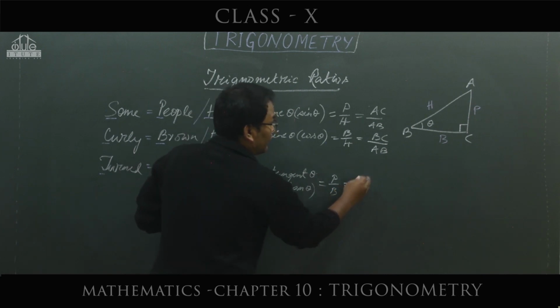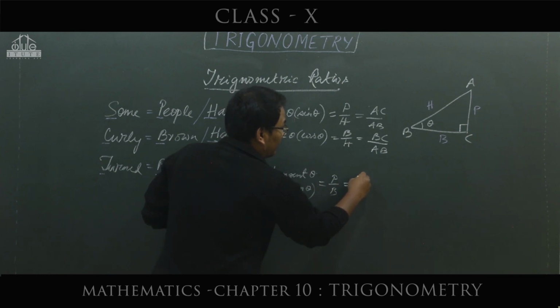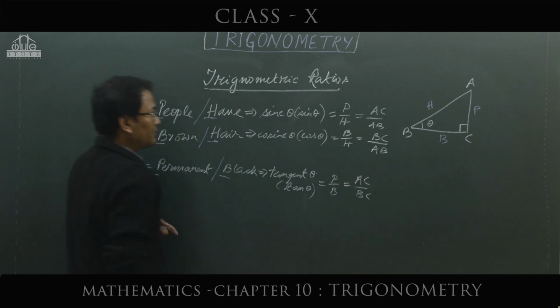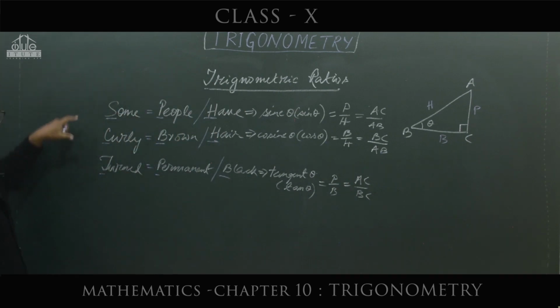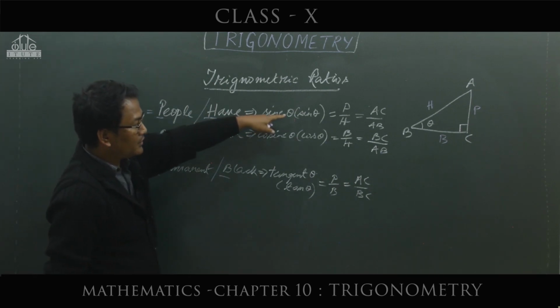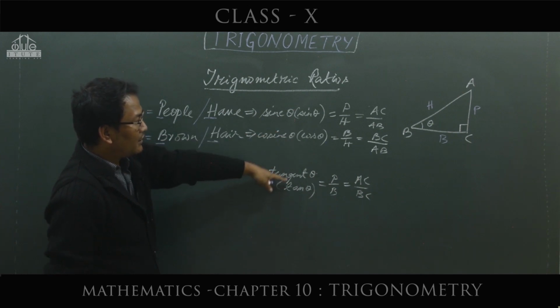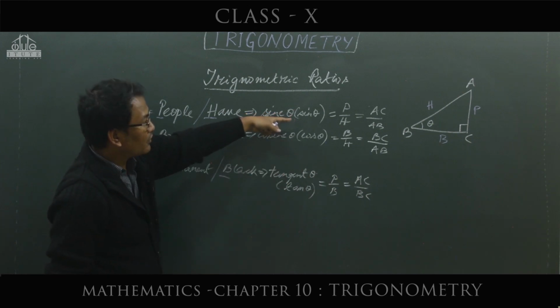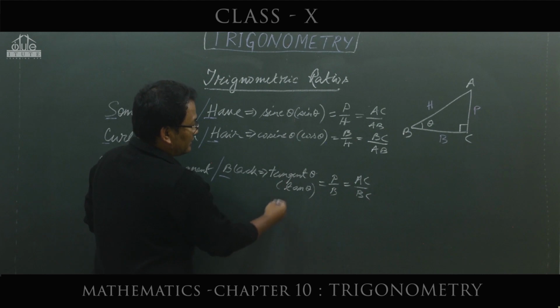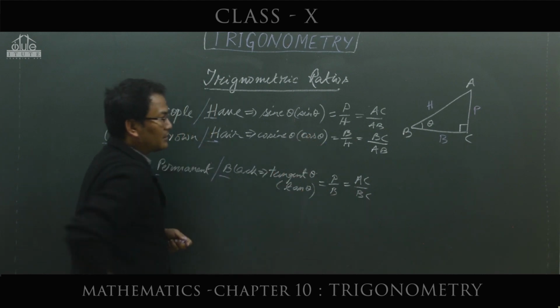If you look at the figure, perpendicular is AC and base is BC. So these are our trigonometric ratios. And please remember, trigonometric ratios are never expressed in capital letters. You should always write them in small letters.